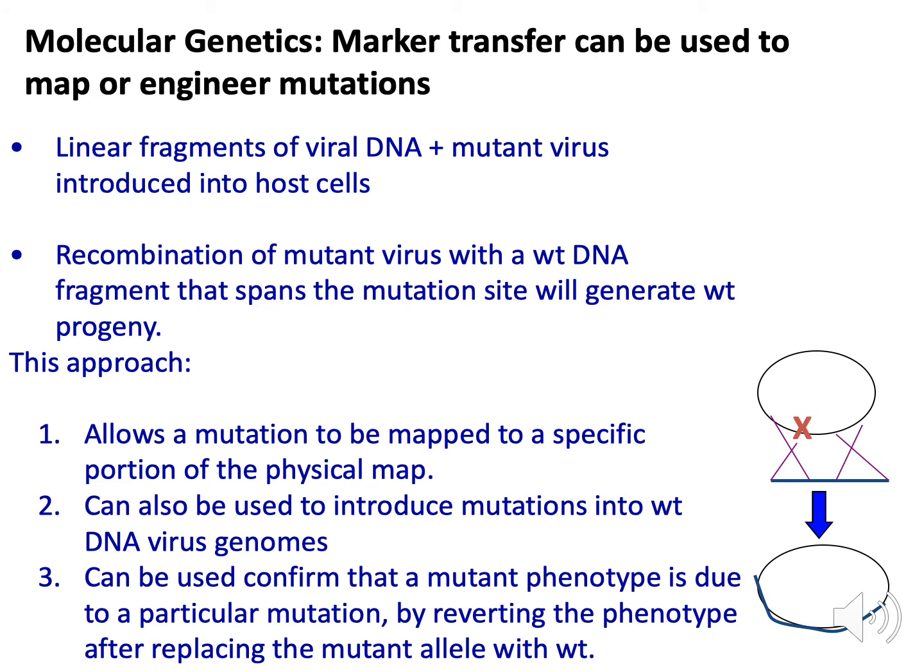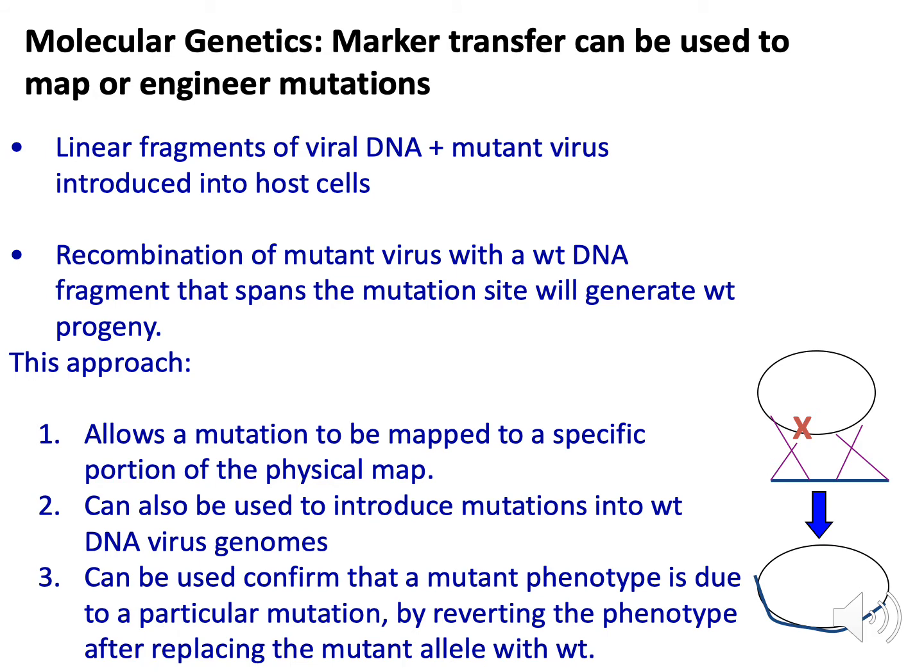And so for double-stranded DNA viruses, this is pretty easy. One can take linear fragments of viral DNA, shown in the drawing that I've made on the right, and a mutant virus that has a mutation in a particular gene.